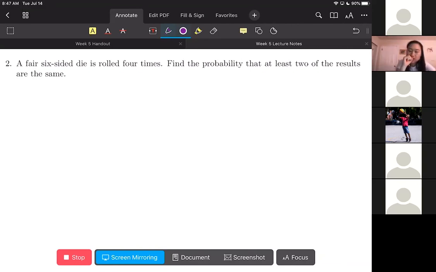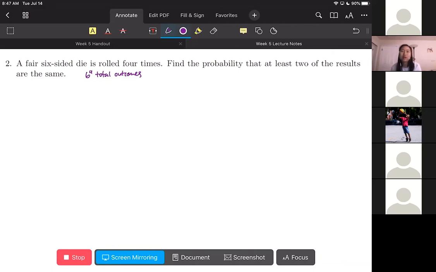This is the 4th. Yeah. Cool. Okay. Let's go back to the numerator, or calculating the outcomes. It wants us to calculate the probability that at least 2 of the results are the same.